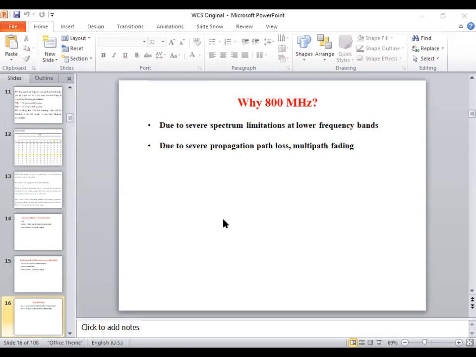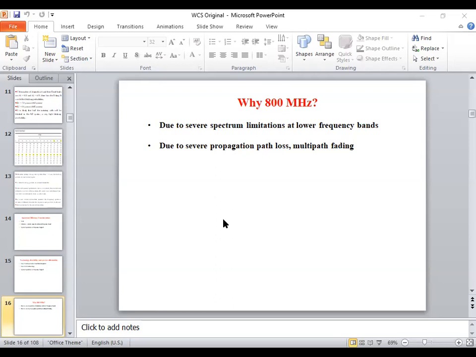As we know, because of severe spectrum limitations at lower frequency bands, FM broadcasting services operate at 100 megahertz. Television operates at 41 megahertz, and it can be extended up to 960 megahertz.